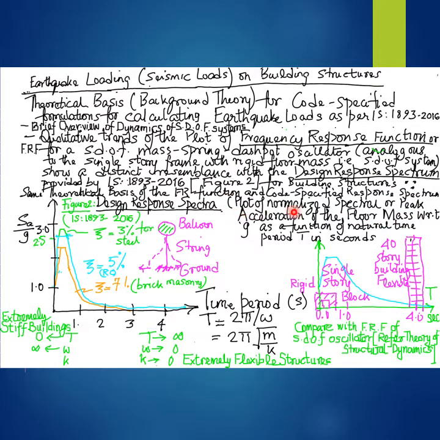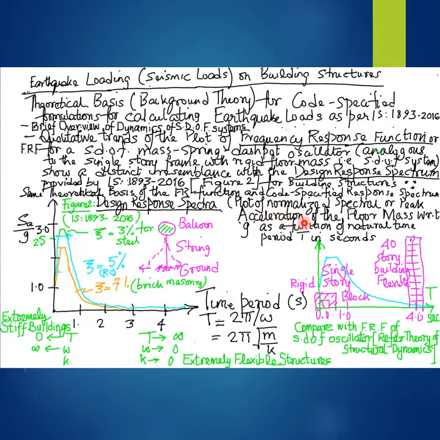And by normalized, we mean the peak or the spectral acceleration of the floor mass divided by g, the acceleration due to gravity.